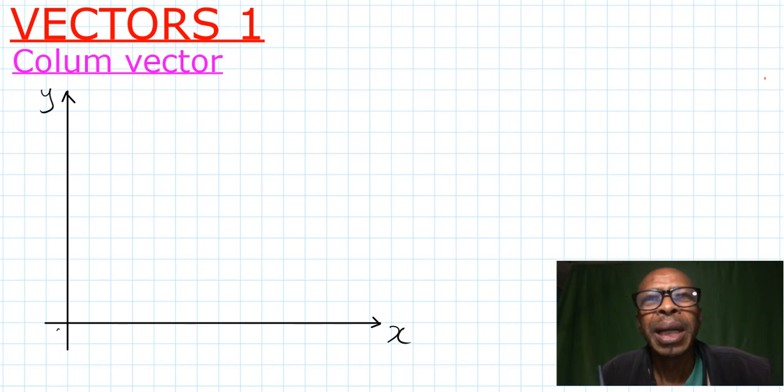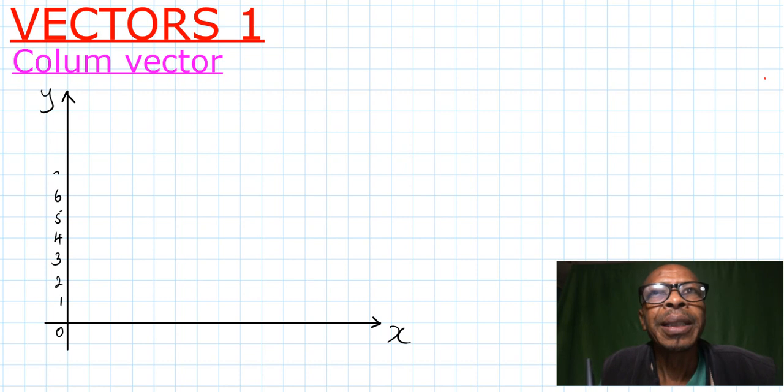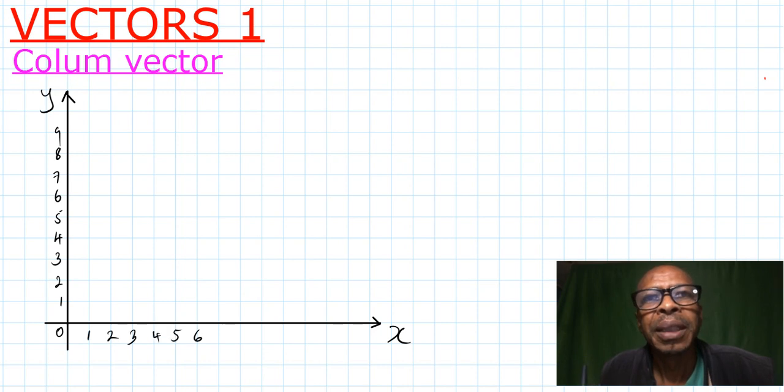So we have 0, 1, 2, 3, 4, 5, 6, 7, 8, 9. We have 1, 2, 3, 4, 5, 6, 7, 8, 9, 10. So we are going to use a Cartesian plane to demonstrate what is a column vector.